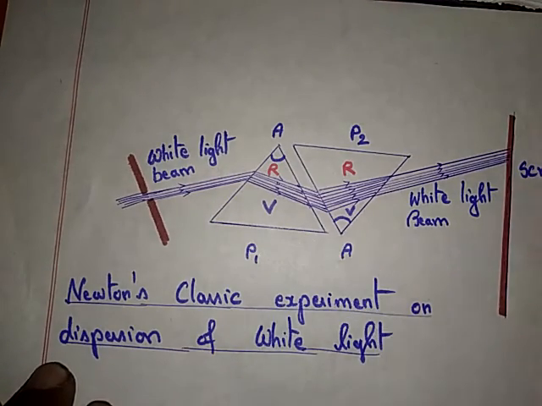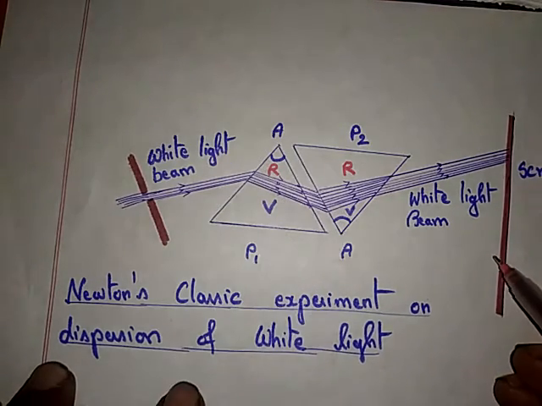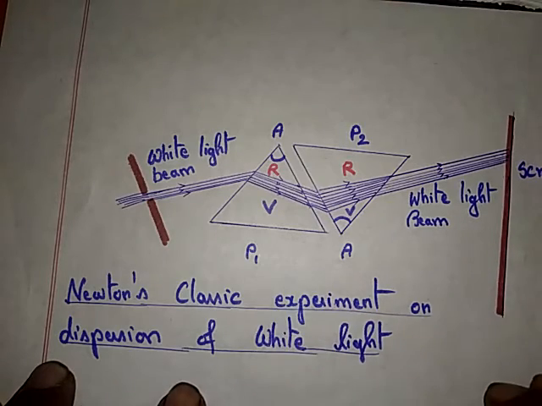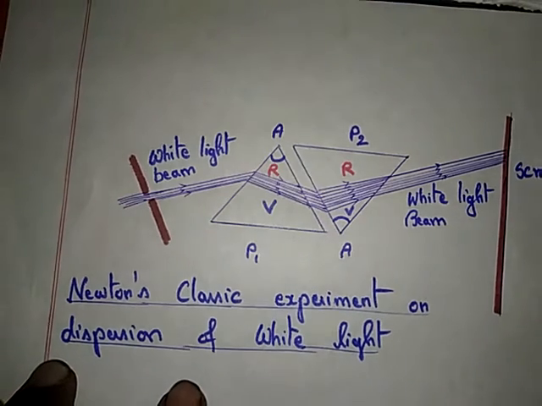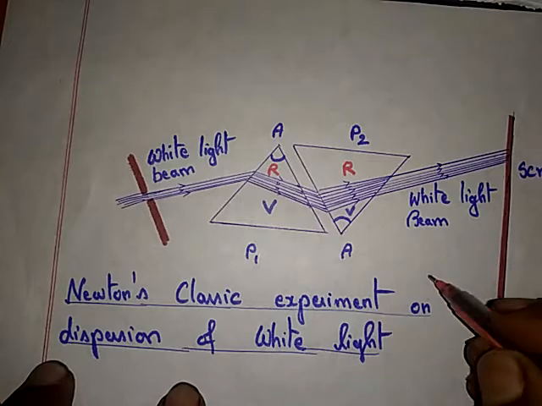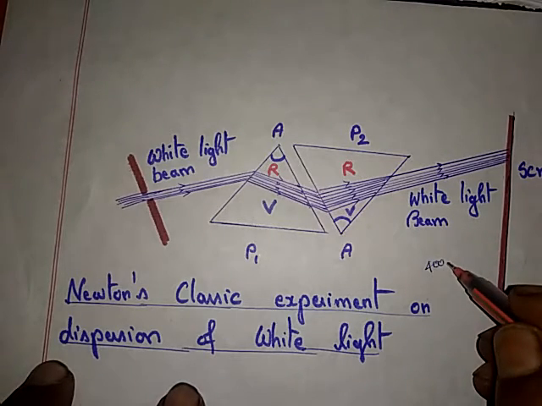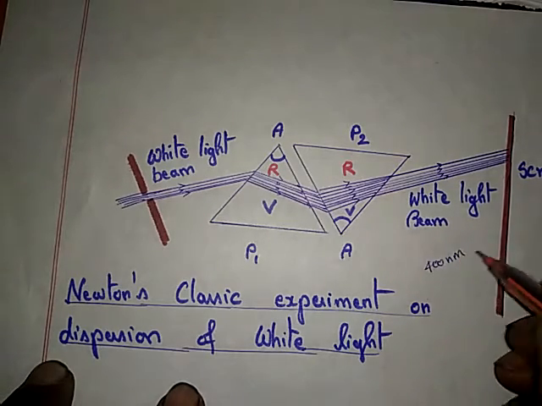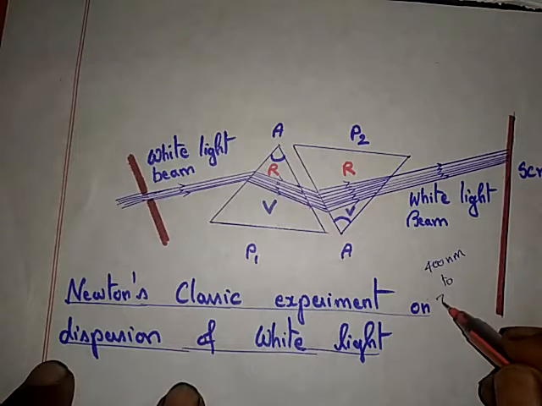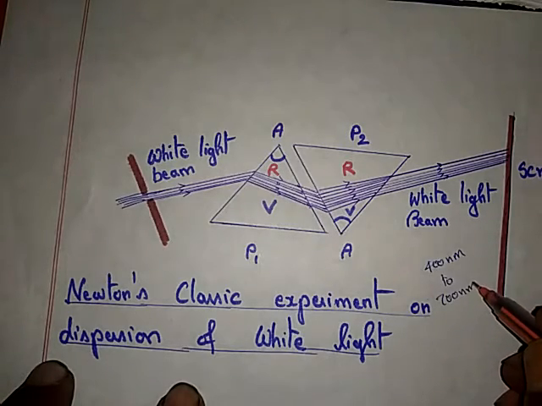So this confirms that white light contains all the spectrum, ranging from 400 nanometers to 700 nanometers. So this confirms that white light contains all the wavelengths. The visual spectrum starts from 400 nanometer to 700 nanometer.